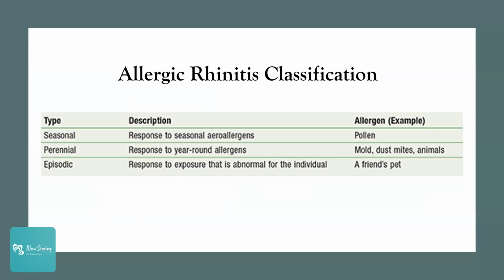For example, if the patient is exposed to mold, dust mites, and animals. And animals also are quite tricky when the family has a pet and they are quite attached to this pet. This becomes an obstacle during management. And there's also episodic, which is only a response over a quite short duration. For example, if we are exposed to a friend's pet.